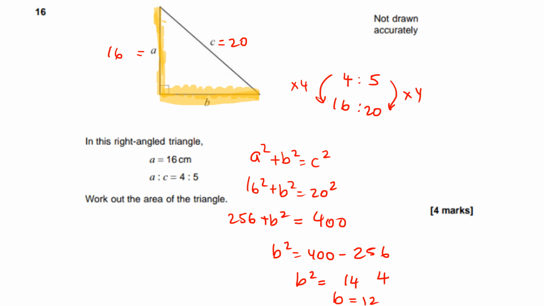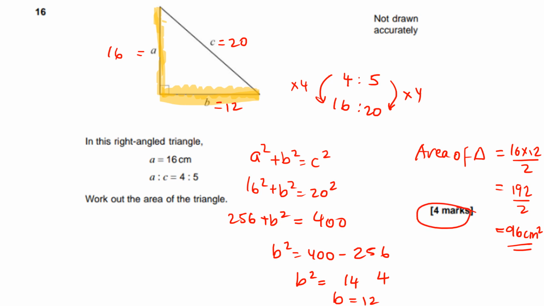So if I want to find out the area of the triangle, I will do 16 times 12 and half it. 16 times 12 gives me 192, and I'm going to half that to find out the area of the triangle. So that's going to be 96 centimeters squared. And that's how I get full marks from this question.